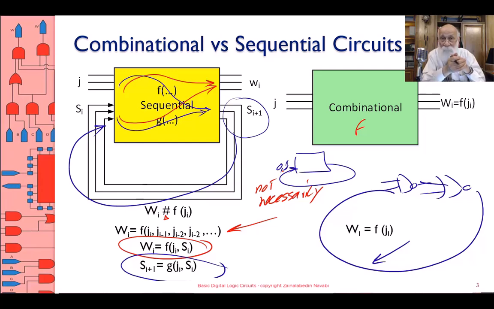Okay? If I have more feedbacks, if I have 3 feedbacks like I'm showing here, I can have up to 8 different things that my circuit can remember. Not that it's always going to go to 8 different things, but potentially can remember 8 different things.